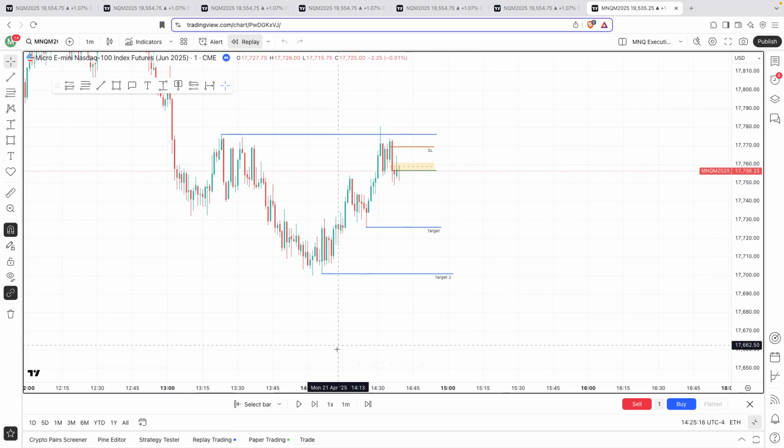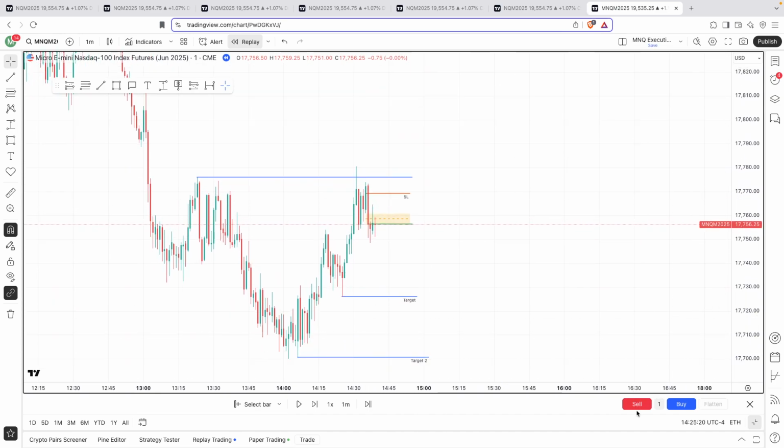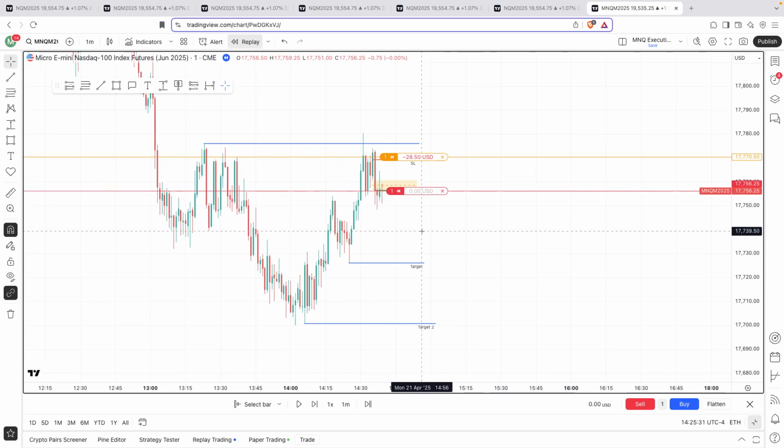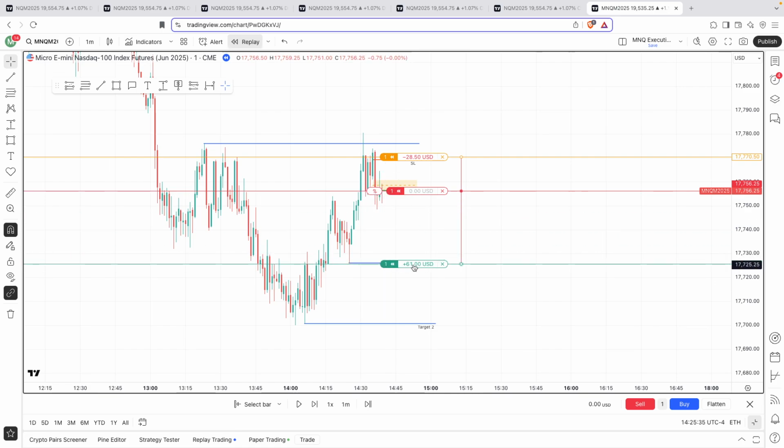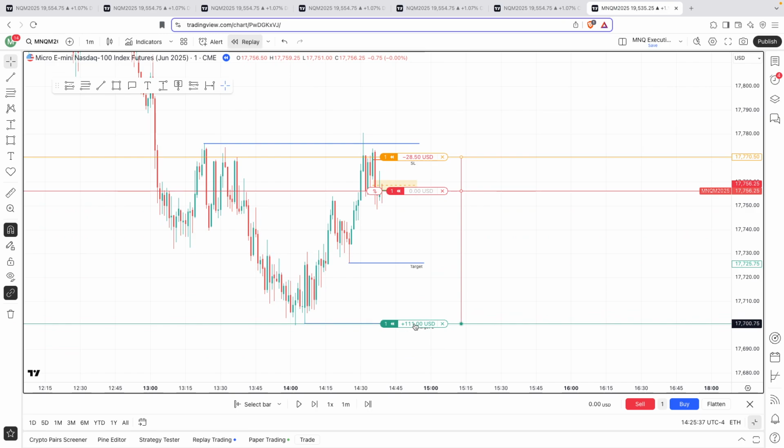So this would be the move. And then because we see this rejection, we decided to enter here. Our stop loss would go above the mean threshold of the order block, so the 50% level. And we can target this area or this area.